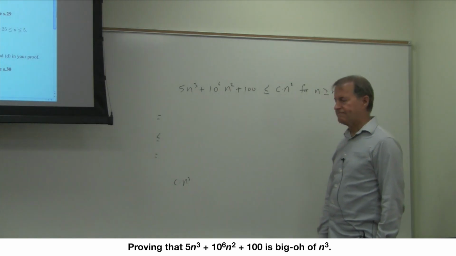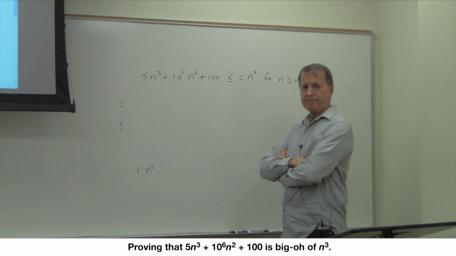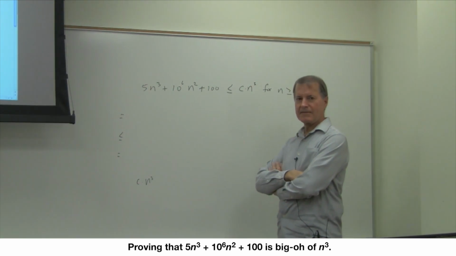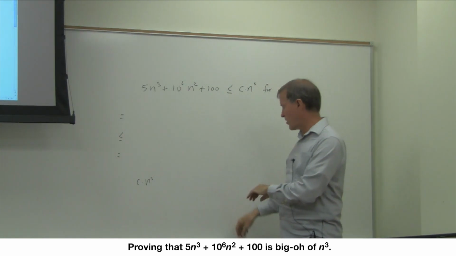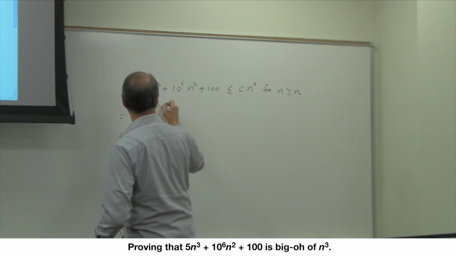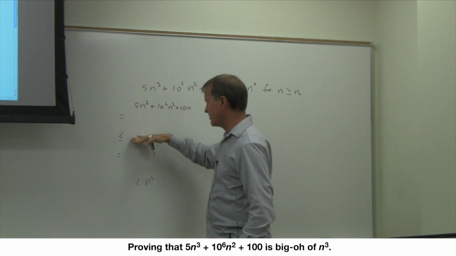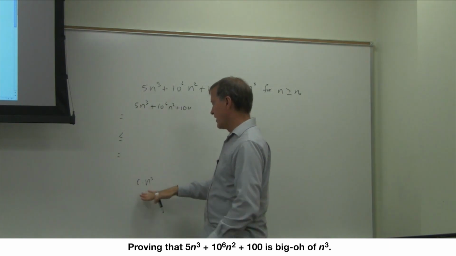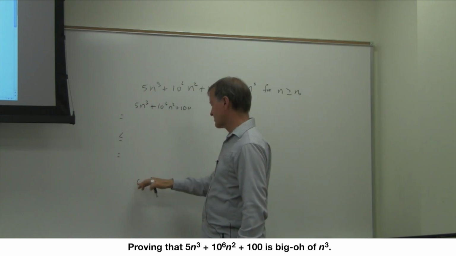So we start with this side, 5n cubed plus 10 to the 6th n squared plus 100, and through a bunch of these steps we finally get it to this. Therefore we've shown that this is less than or equal to this.